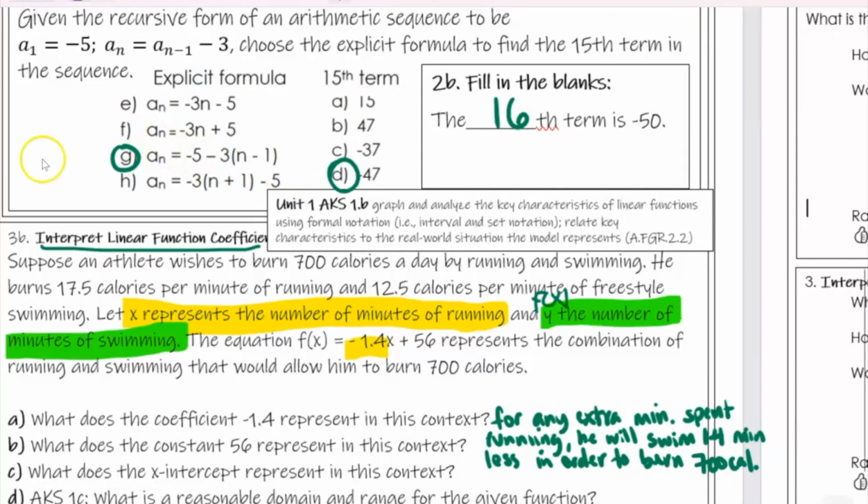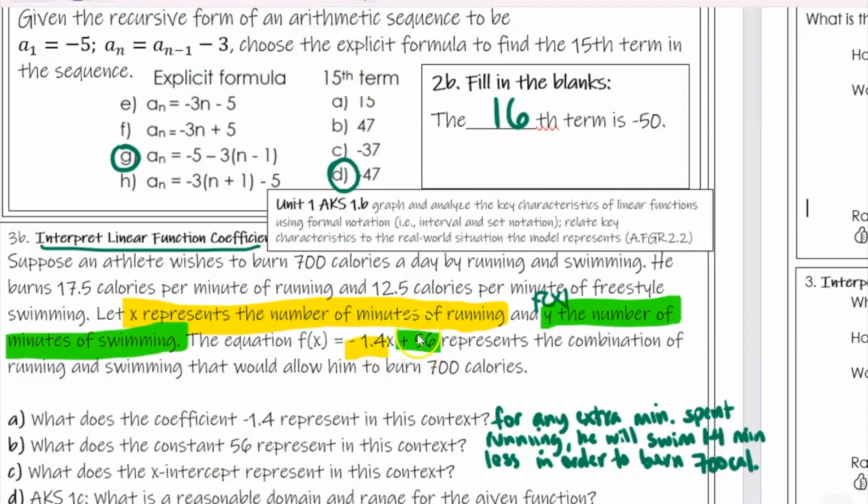Okay, so because there's a negative relationship with X, it says for every 1 extra minute that I am swimming, okay, I'm going to decrease my running by 1.4. Okay, what does the constant 56 mean in this context?